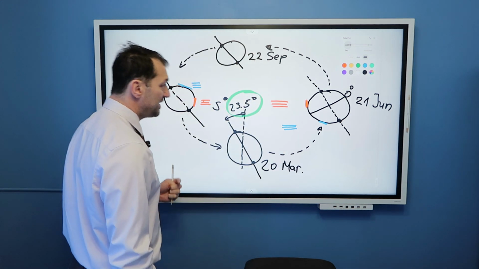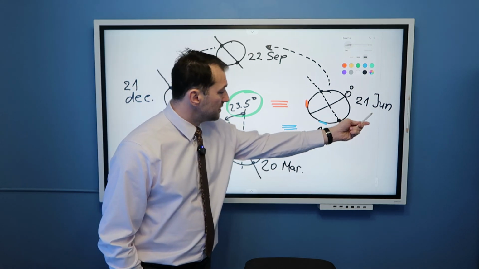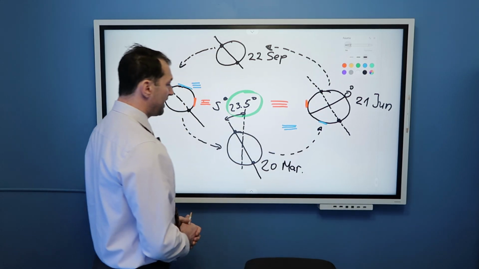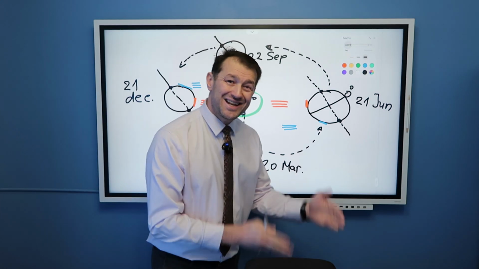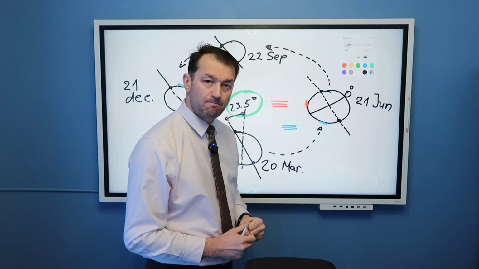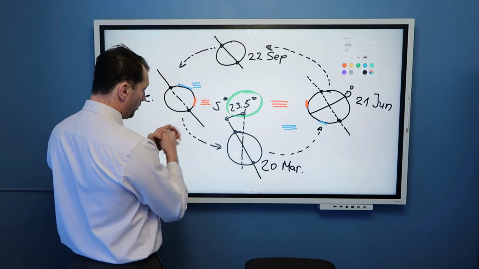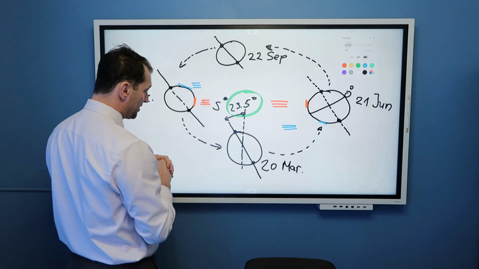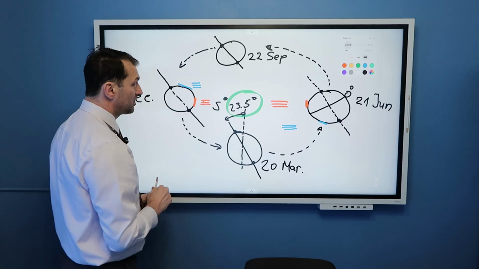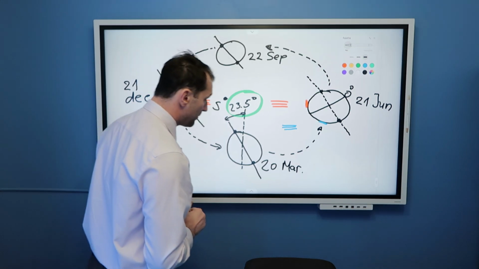And you can therefore see that when we have the first day of summer in the northern hemisphere, because of this inclination of 23.5 degrees, Tropic of Cancer receives the highest intensity of radiation from the sun. When we have winter in the northern hemisphere, or rather summer in the southern hemisphere, then the Tropic of Capricorn receives the highest amount of solar radiation on that day, which is 21st December.